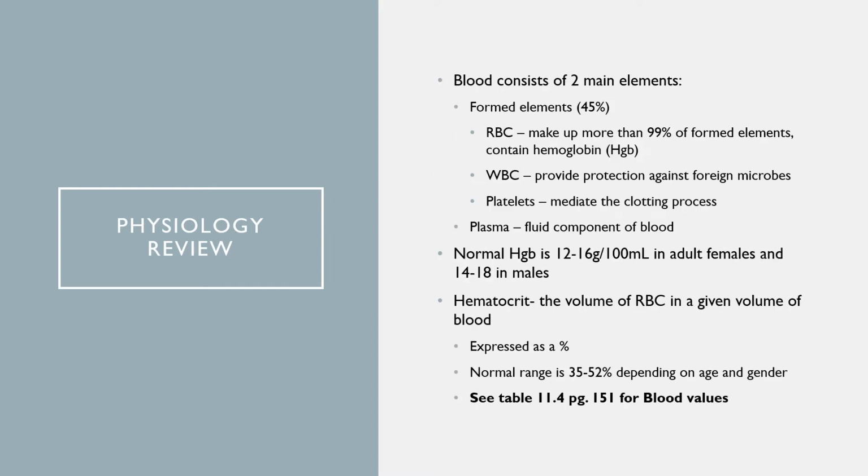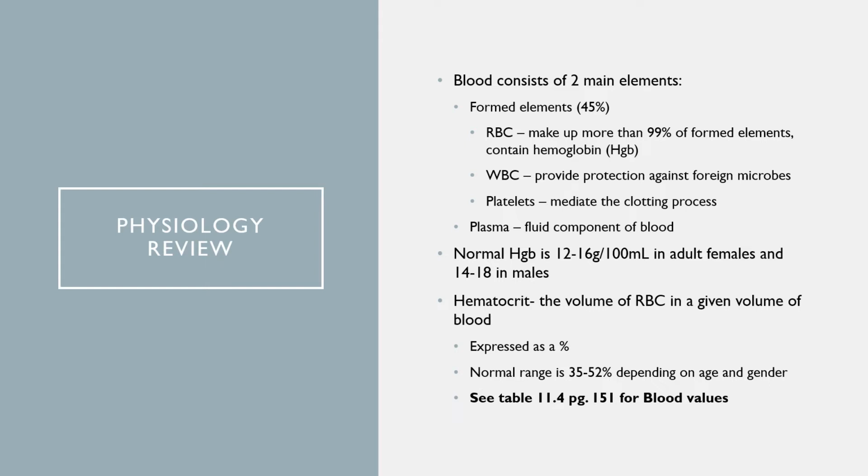Okay, blood consists of two main elements. We have our formed elements, which make up about 45%. Those are our red blood cells, which make up 99% of the formed elements, and they contain hemoglobin, which transports our oxygen and is often abbreviated as HGB. Then we have our white blood cells, which provide protection against foreign microbes.